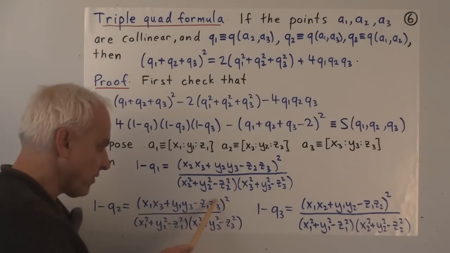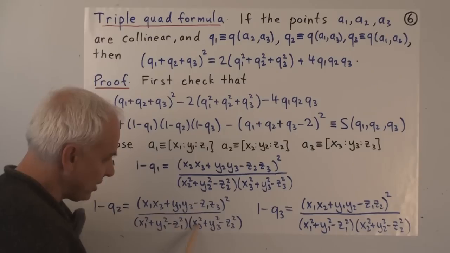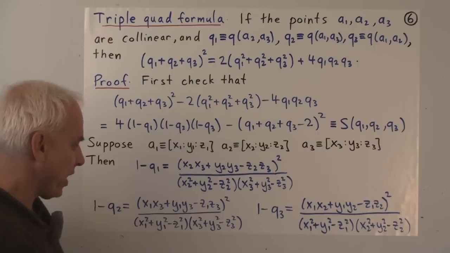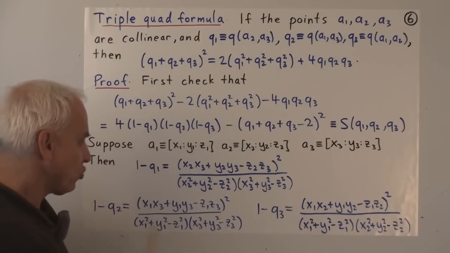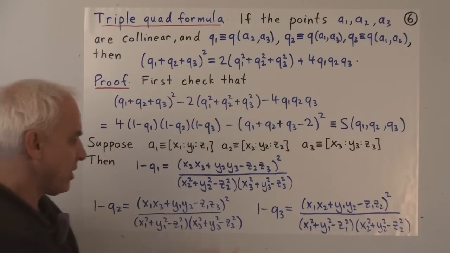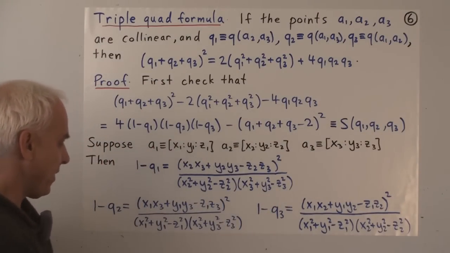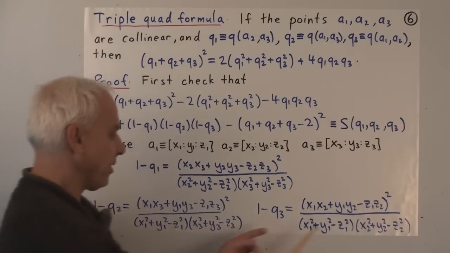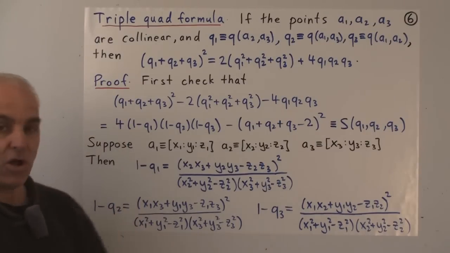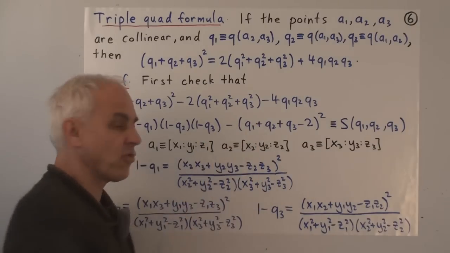Because the numerators, first of all, are all squares. And when you multiply all of these 3 denominators together, you get, say, this x2 squared term twice, once from here and once from here. And you get the x3 squared terms twice, once from there and once from there, and the x1 squared terms twice, once from here and once from there. Conveniently, 4 is also a square. So this is then a difference of squares.